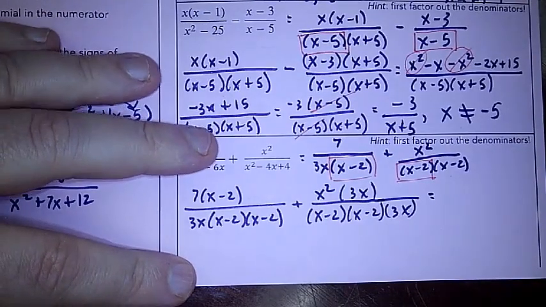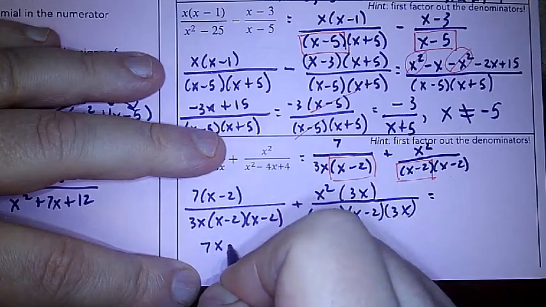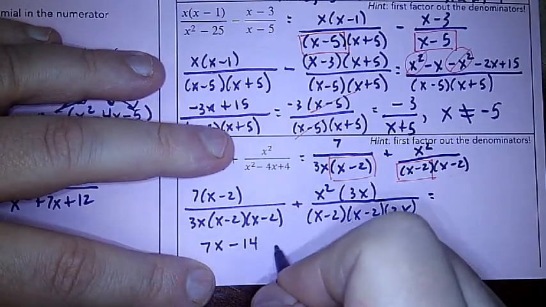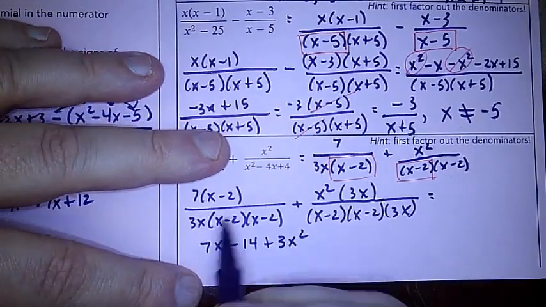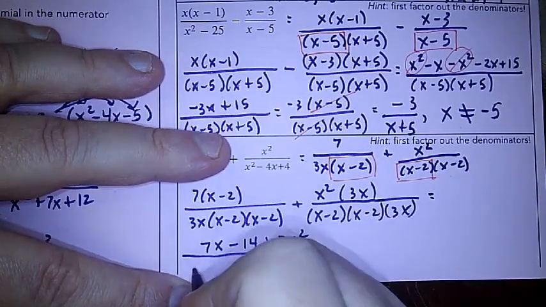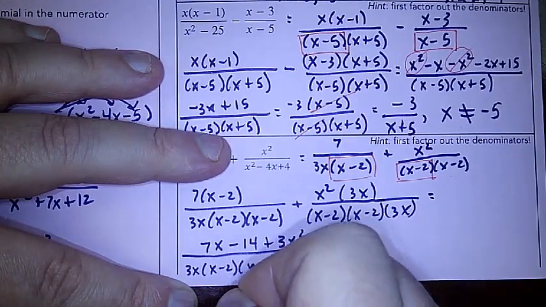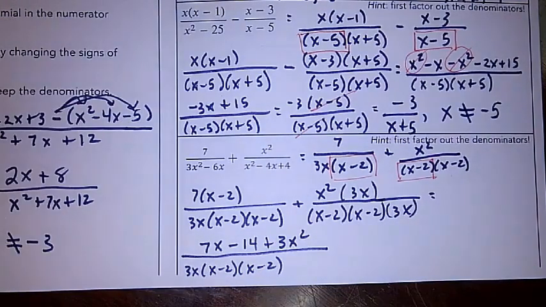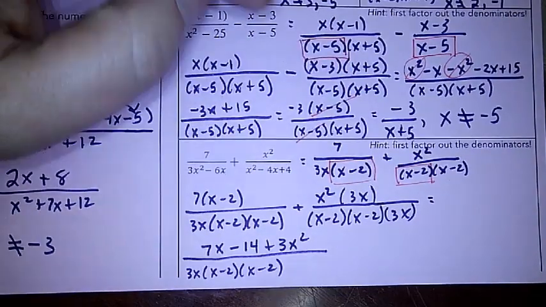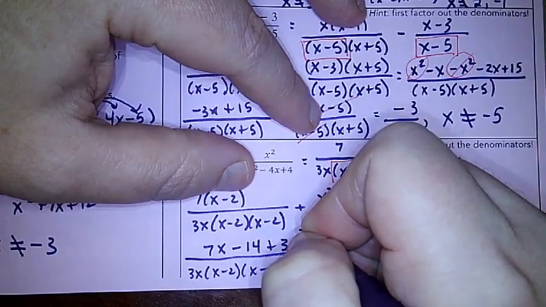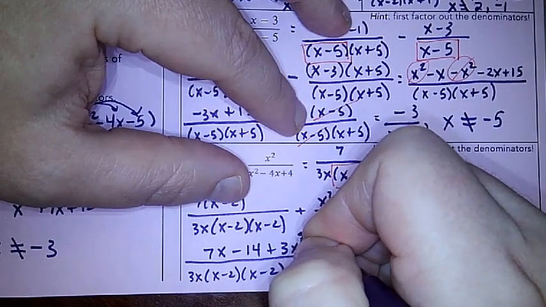I have 7x minus 14 plus 3x squared, and that is all divided by 3x times x minus 2 times x minus 2. Nope, sorry, that's 3x cubed, not 3x squared, because it was x squared times 3x.